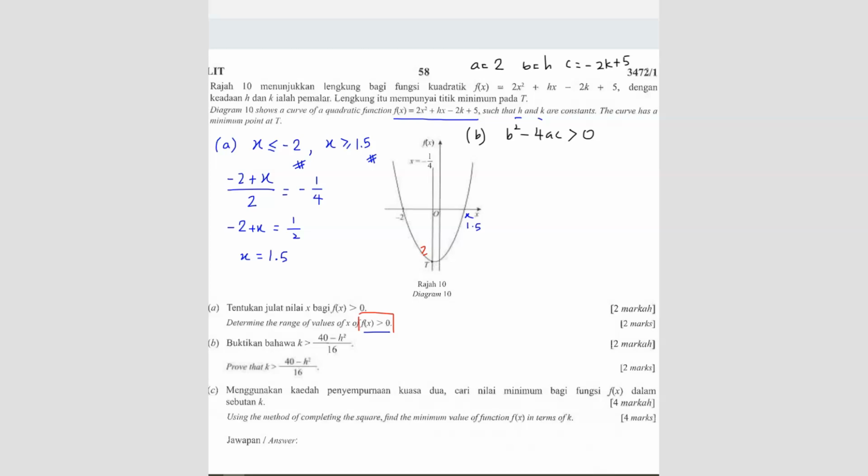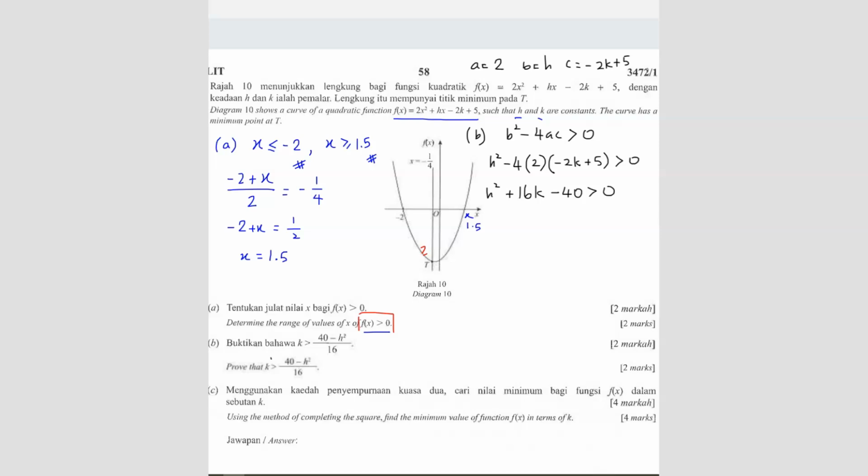So b square is going to be h square minus 4, a is 2, c is -2k plus 5, more than 0. So h square, so you get positive 16k minus 40.